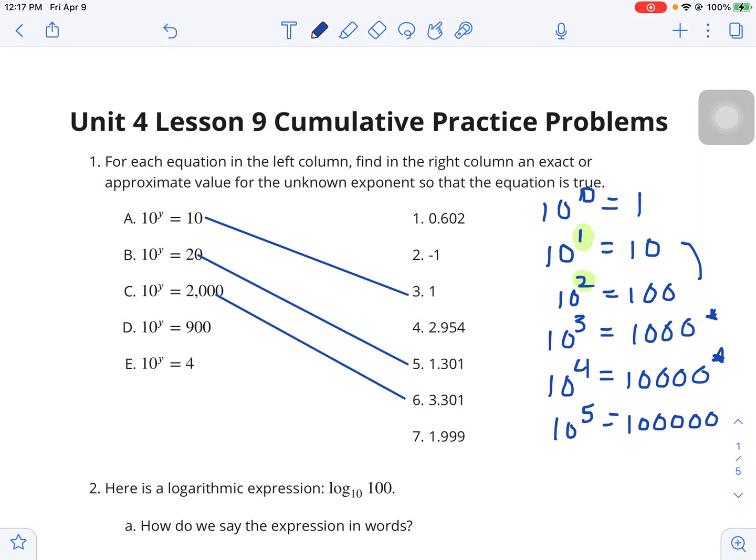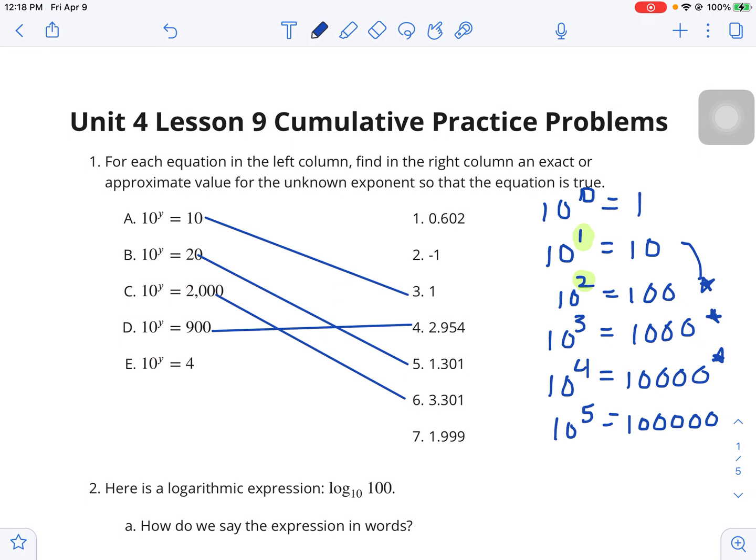The next one, 10 to the y is equal to 900, and so we're almost to 1,000, but not quite. So we're between 2 and 3 here this time, and probably closer to 3, because we're right up there. 900 is closer to 1,000 than it is to 100, so I would choose 2.954 for that one.